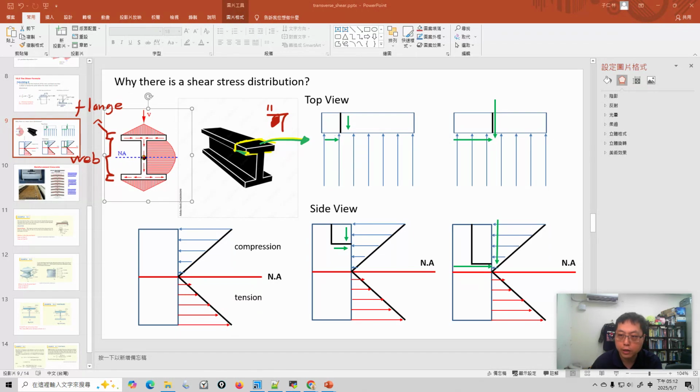So here I draw this blue arrow. This blue arrow is the compression force.